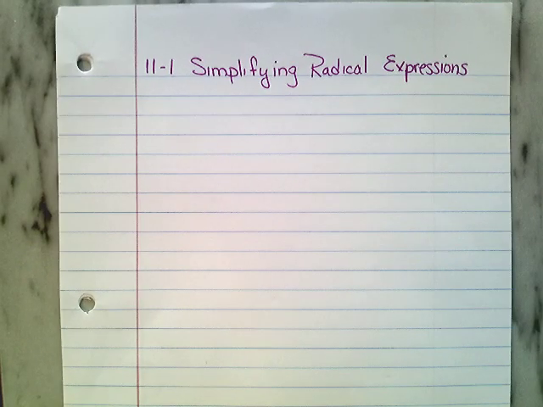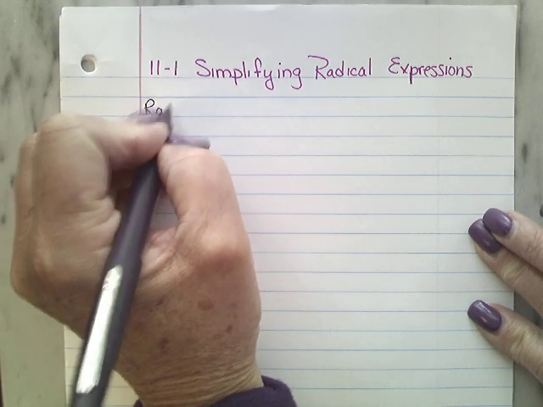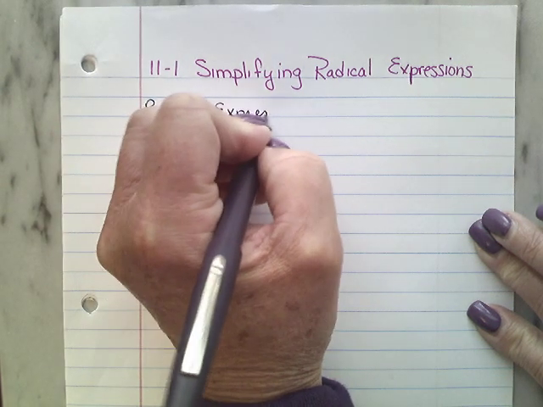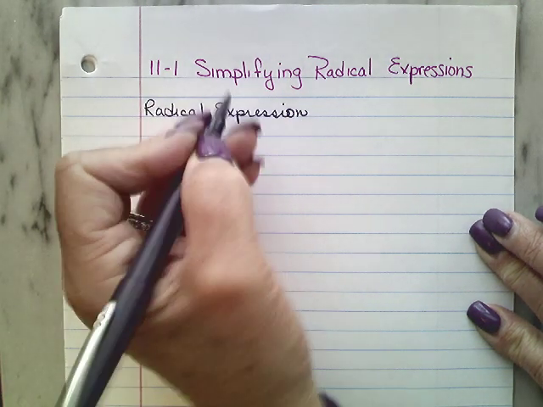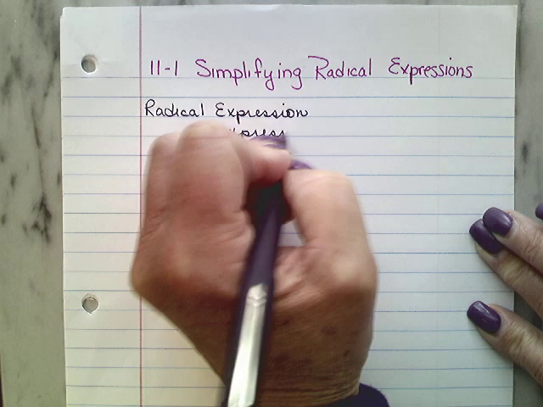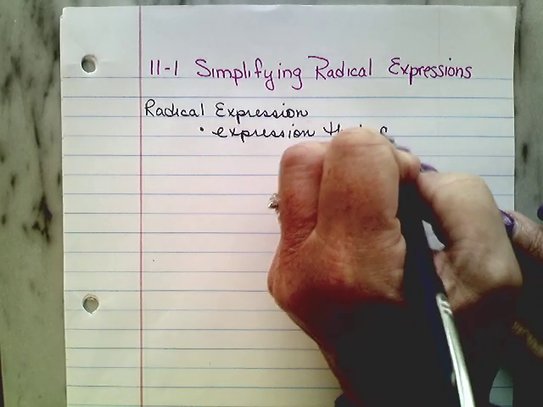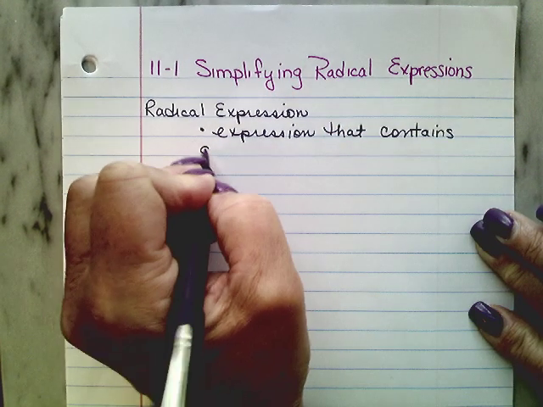All right, so we are going to start talking about simplifying radical expressions. Now, before we do that, what is a radical expression? A radical expression is an expression that contains a square root.